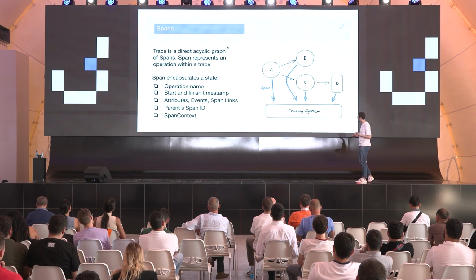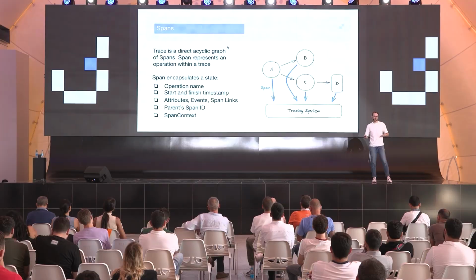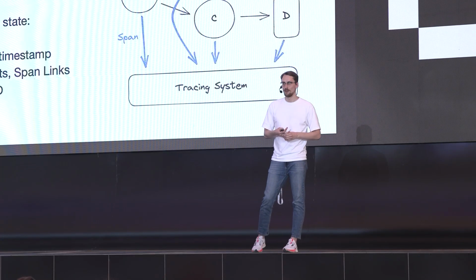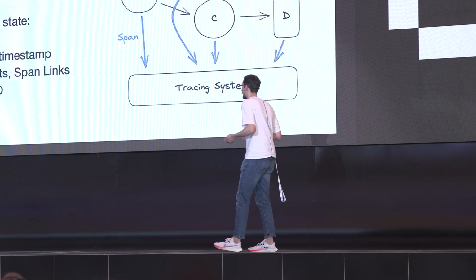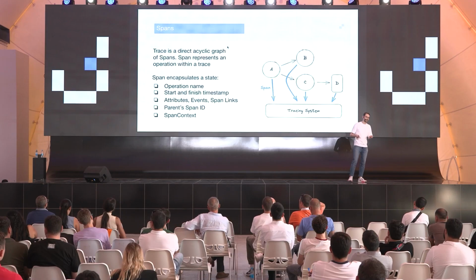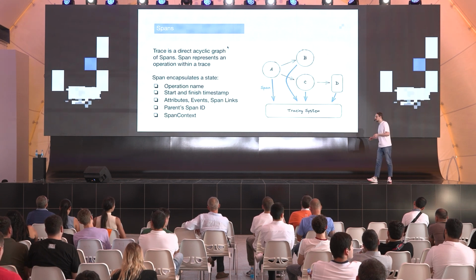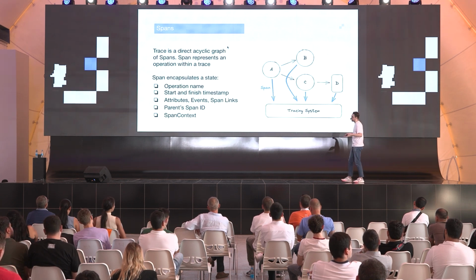So spans are basically the type of data that is created in applications and is being sent to the tracing system. A span has a state. State consists of operation name, start and finish timestamp, some attributes, event logs, and links to other spans.